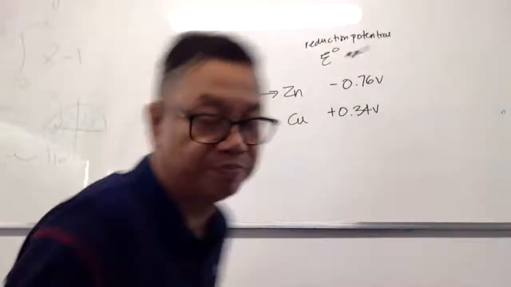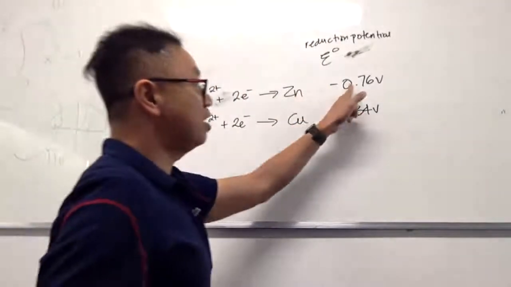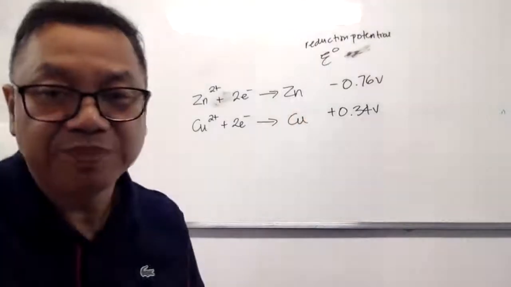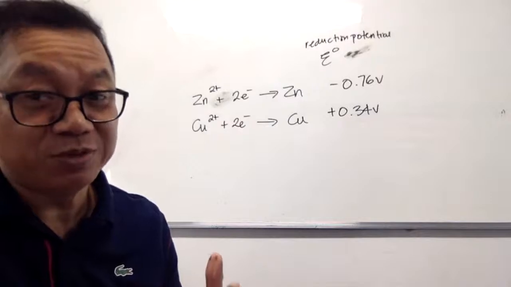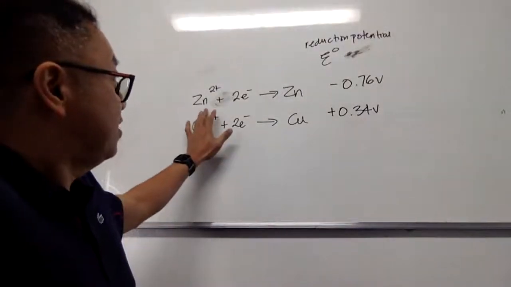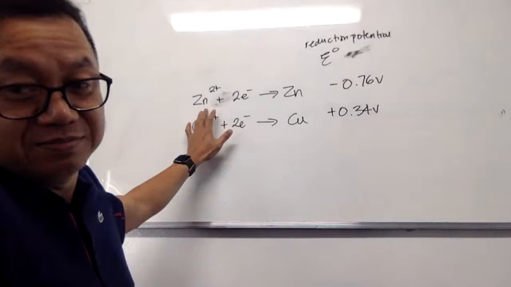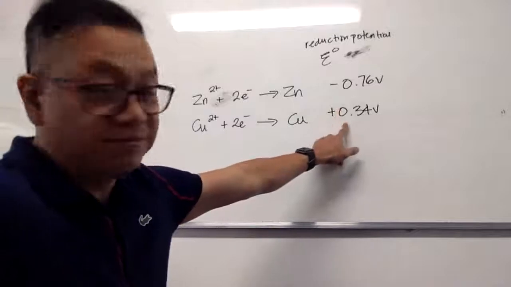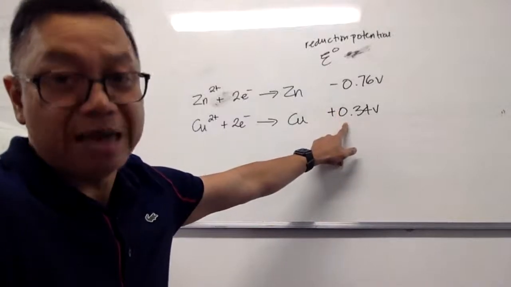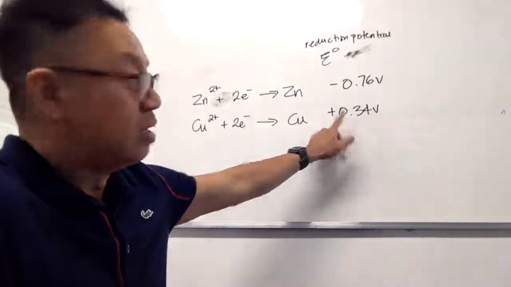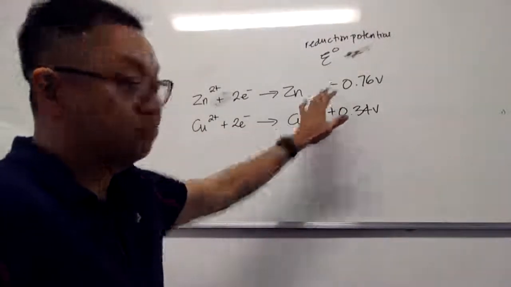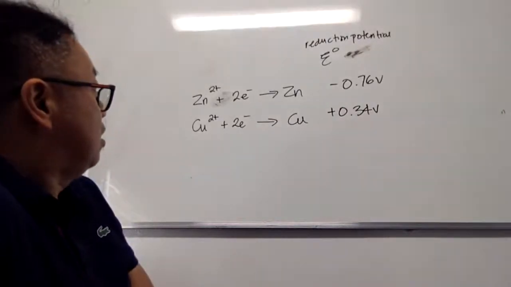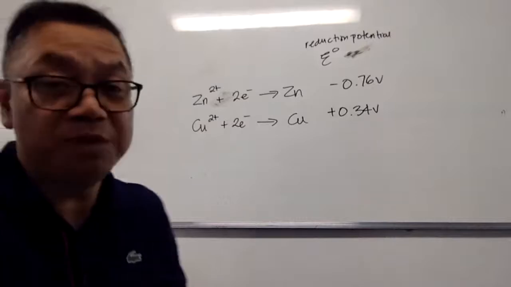Here, you would realize: which one has a greater tendency to be reduced, the copper 2 plus or the zinc 2 plus? The more positive the voltage, the more it will happen. Remember that. So between copper and zinc, which one will be reduced?